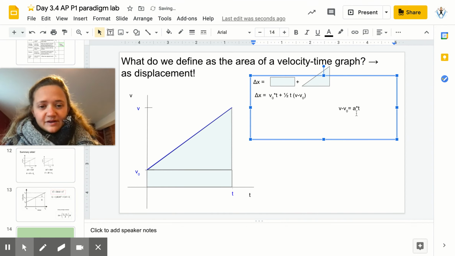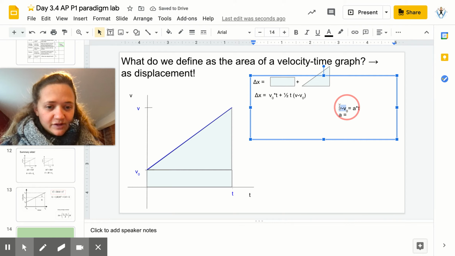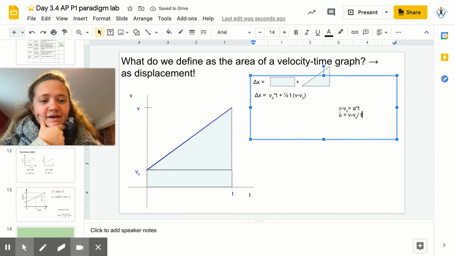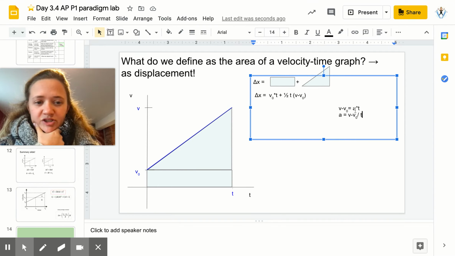And I got that from our old equation: acceleration is equal to our change in velocity divided by time. And so if I multiply both sides by time, I get the change in velocity is just acceleration times time.